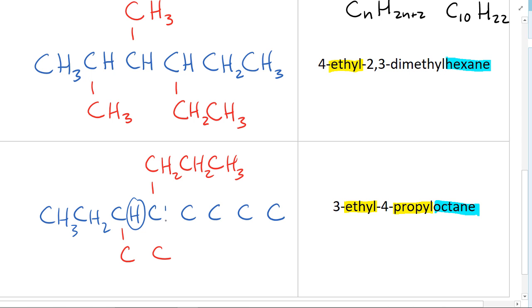Just one. How many hydrogens here? One. This would be H2, H2, H2, and H3. On the bottom, this is going to be H2, and this will be H3.